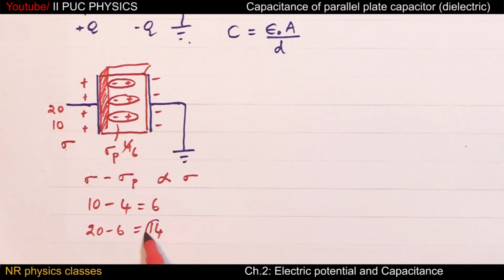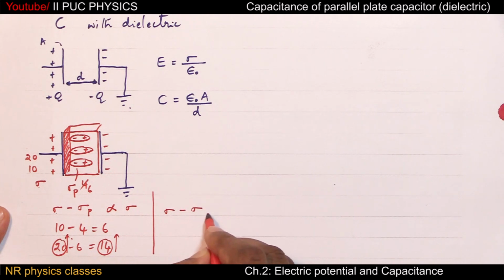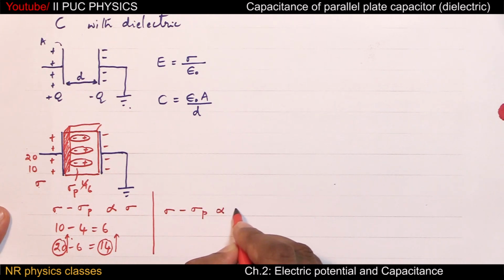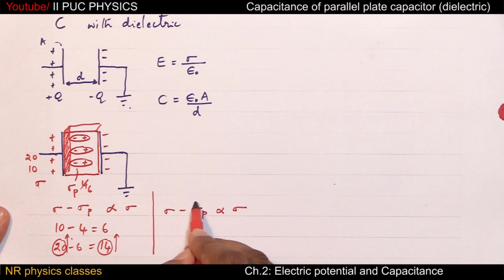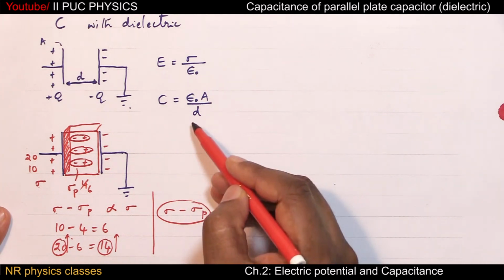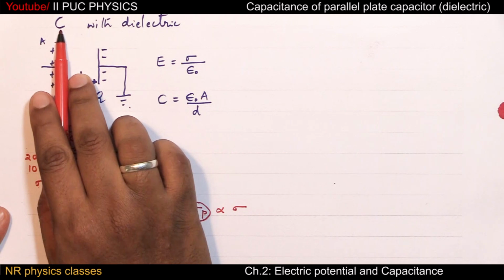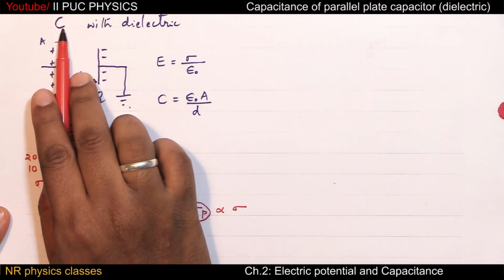See, this number increases with the increase in the applied. This is the meaning. Sigma minus sigma p is proportional to sigma. Net effect is directly proportional to the applied. So using these concepts, we have to derive an expression for capacitance of a capacitor with dielectric.